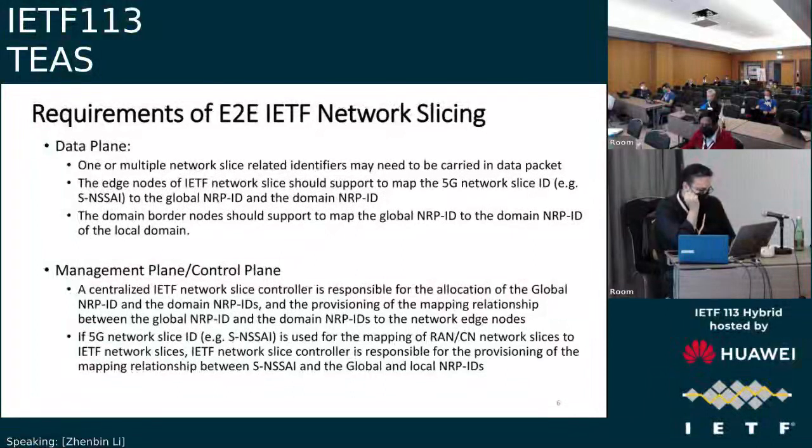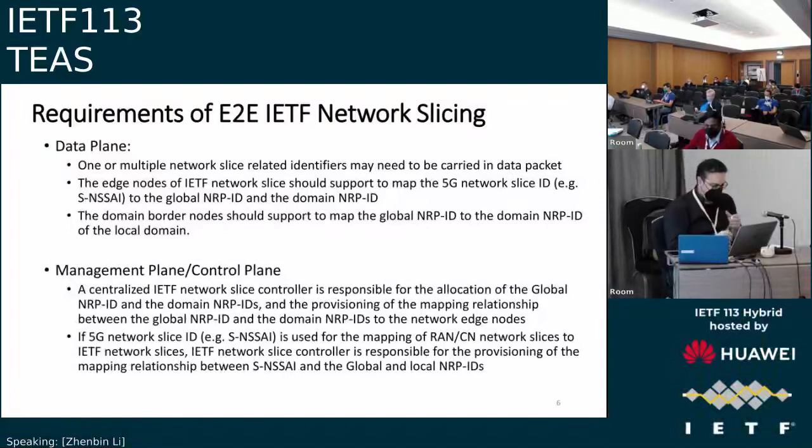Okay, so these are the requirements. In fact, this does not change much, but we refine the process, especially at the edge of the IETF network slicing domain. There is a need to support mapping the 5G network slice ID to the global NRP ID and the domain NRP ID.